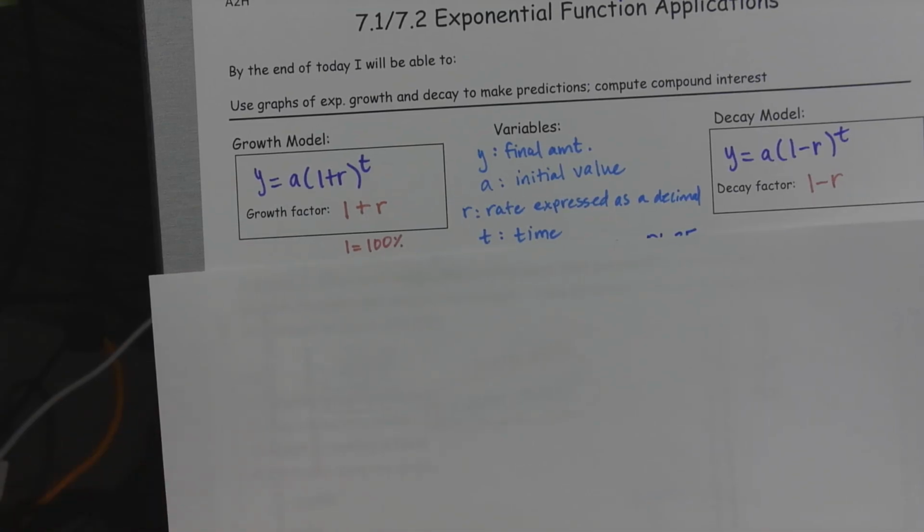All right, so let's take a look at example 1. What I would like you to do is take a highlighter, and I want you to highlight the terms that you think you're going to plug into one of these variables. So when you find your initial value, I just want you to highlight that. And then if you want to put an A over it, you can. Try to find your r value.